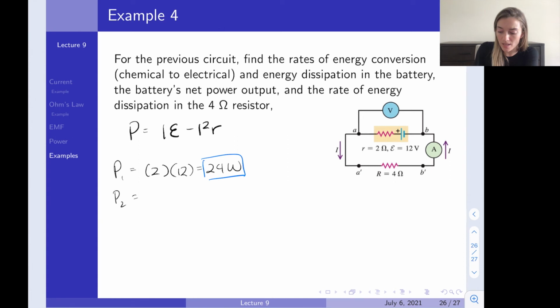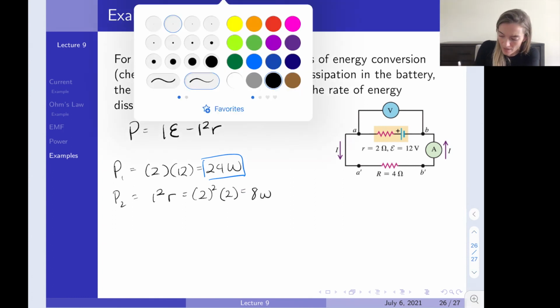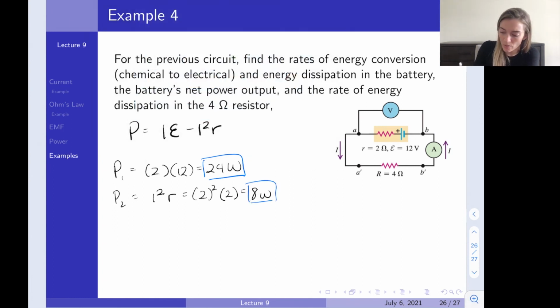As we said, that is just this second negative term here. We'll just look at the magnitude, I squared little r, so it's 2 squared times the internal resistance. So this is 2 times 2 times 2, which is 8. So we've got 8 watts lost within the battery itself.